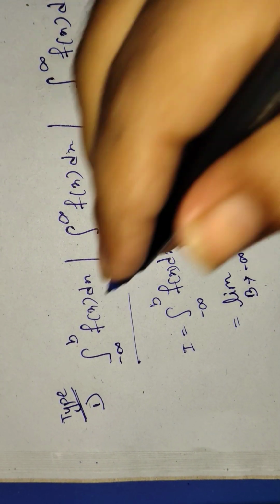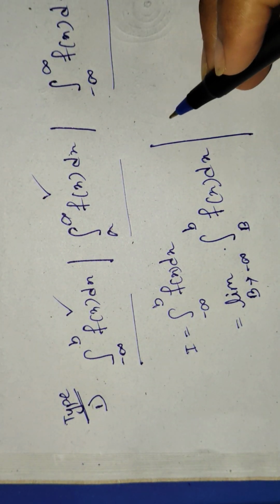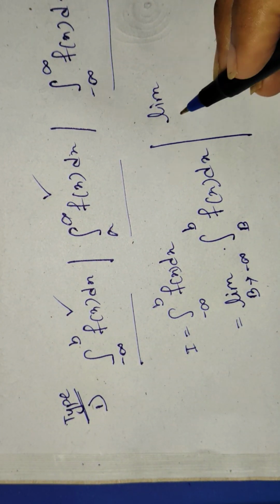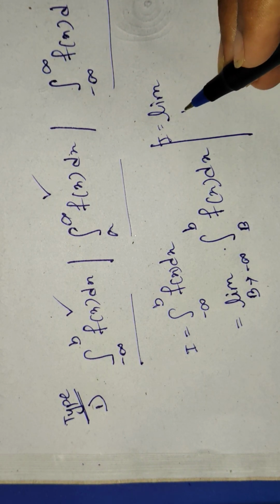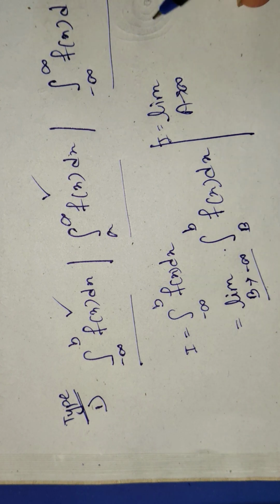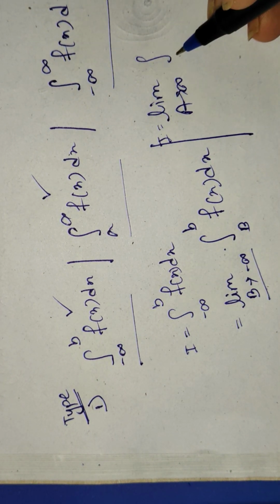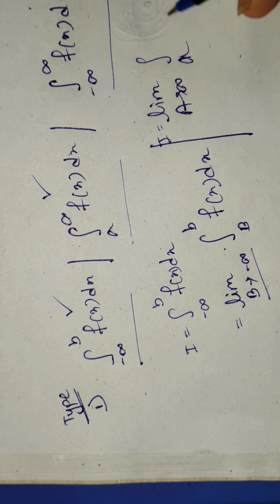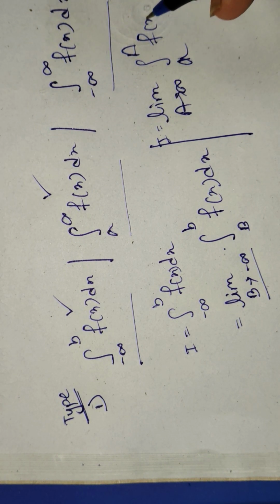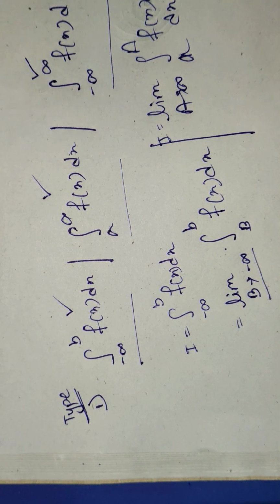This is for this case. What will we do for this case? We will take a limit. Let's say the integration equals the limit as A tends to infinity. As I have taken b as minus infinity, I have to take another variable, or you can say another limit, so this is small a, this is capital A, this is f(x) dx.